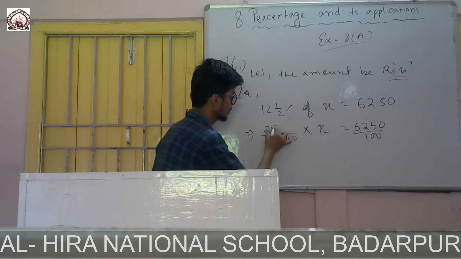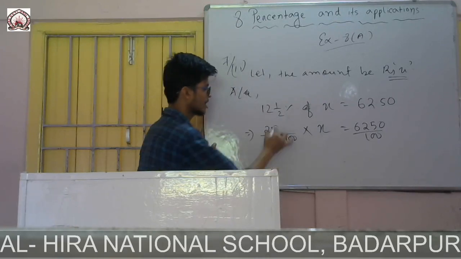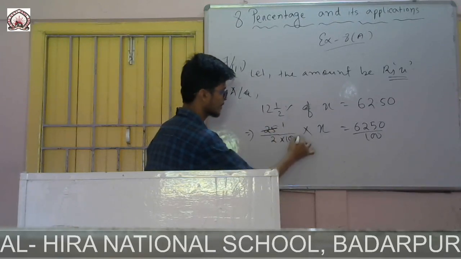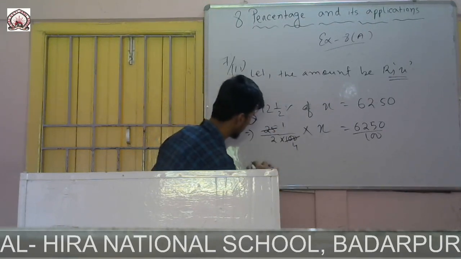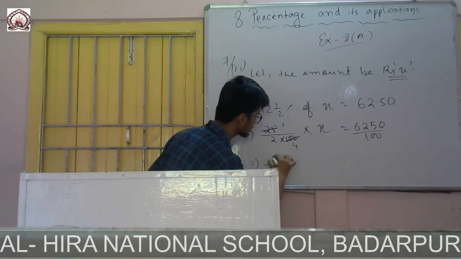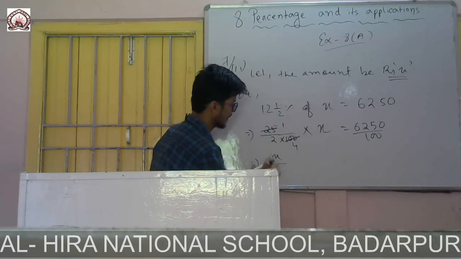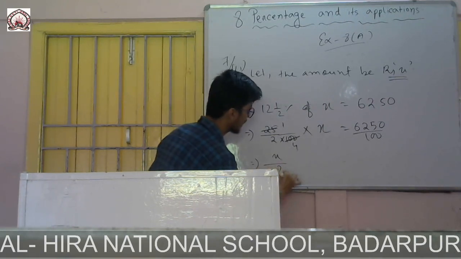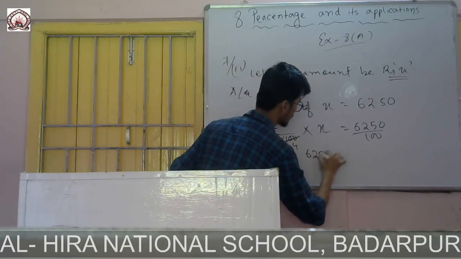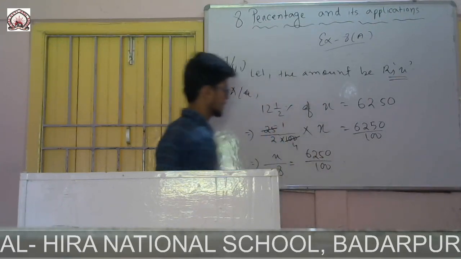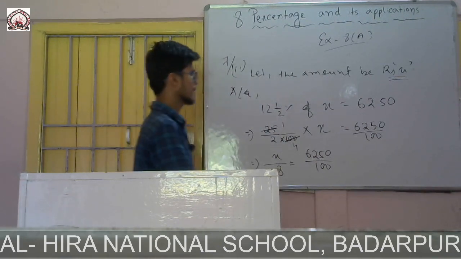Now you see, 25 and 100 I can cancel. 25 ones are 25, 25 fours are 100. So 1 into X is only X, and 4 twos are 8, equals 6250 by 100.